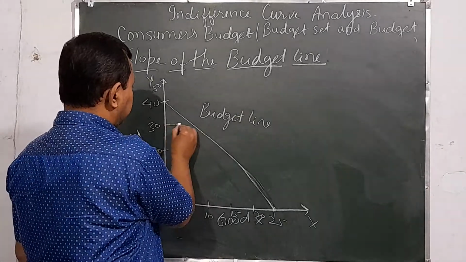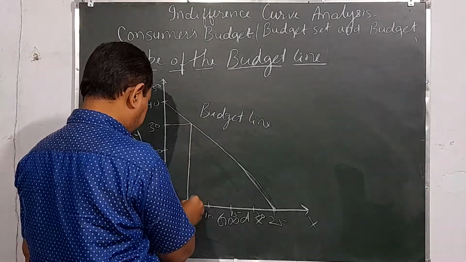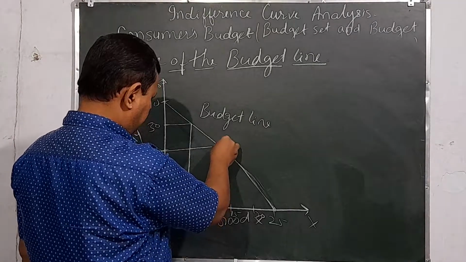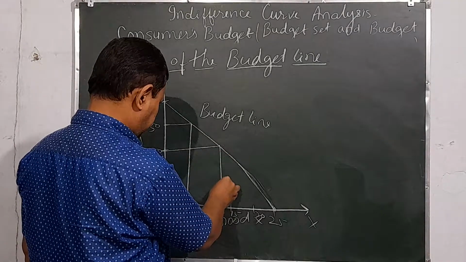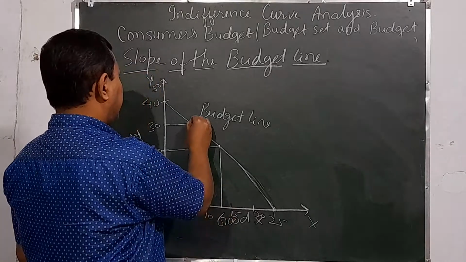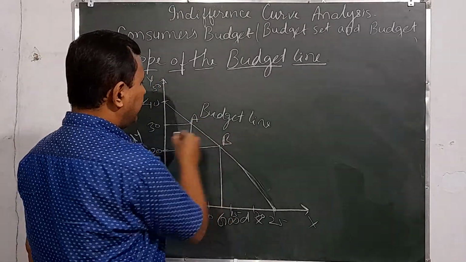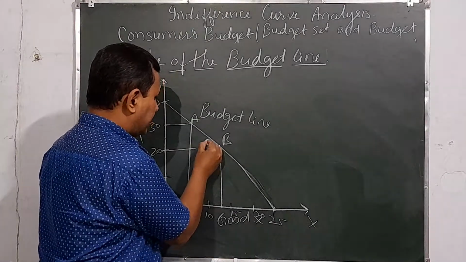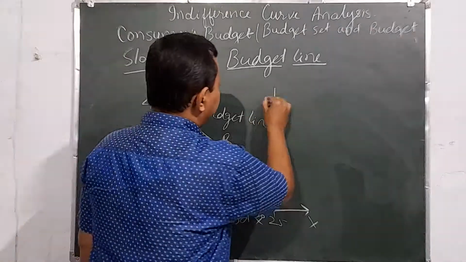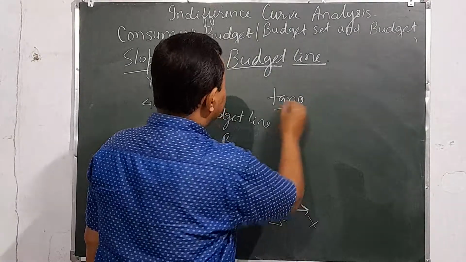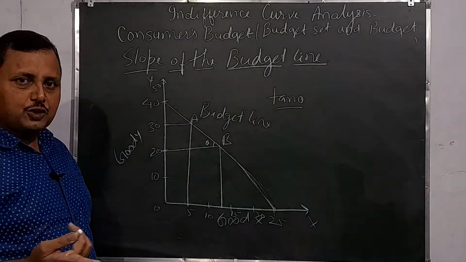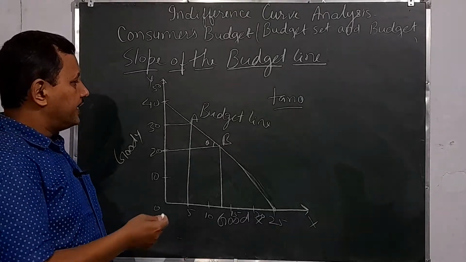Take any two points, point A and point B. So this angle theta, or tan theta, will be the slope of the budget line. In class 10th, in coordinate geometry or trigonometry, we have studied the slope.